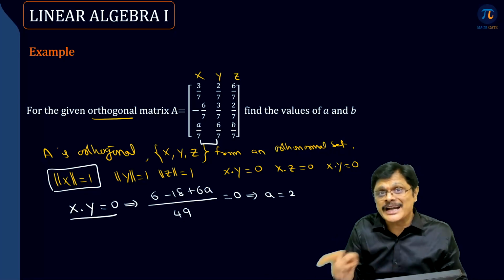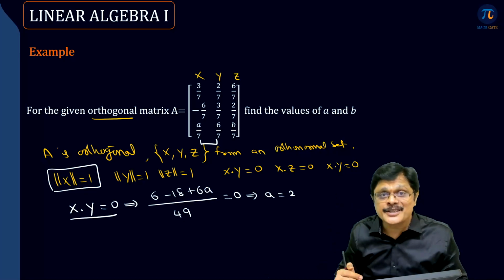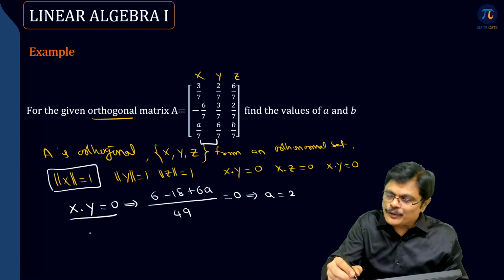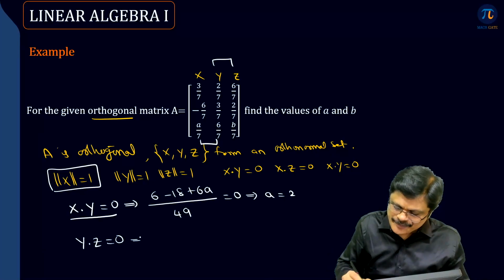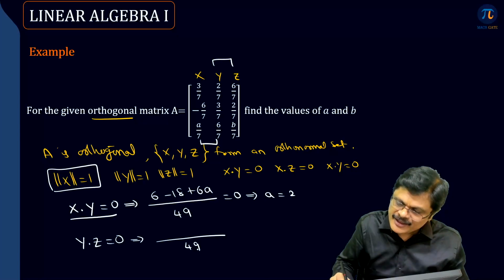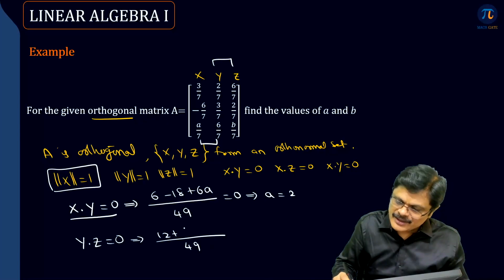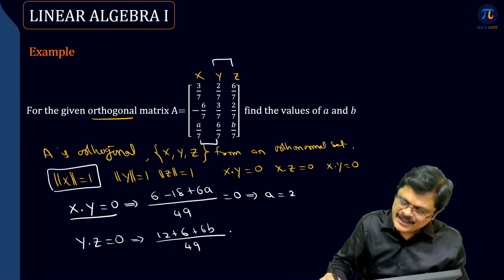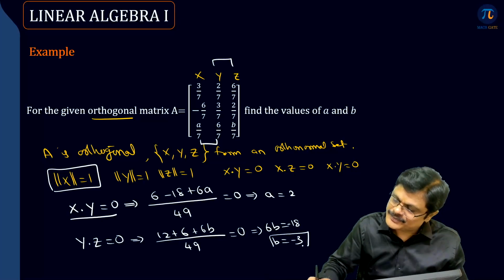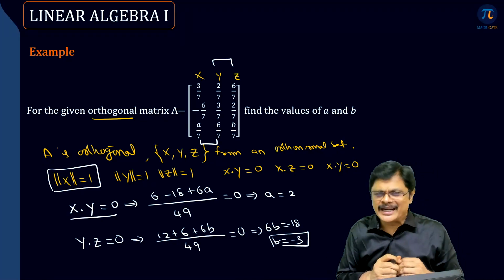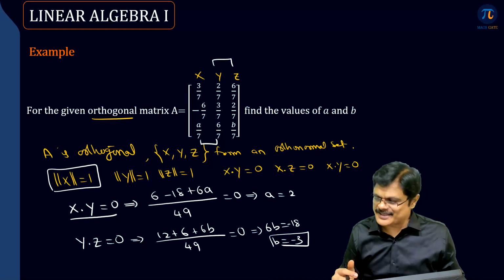But plus 2 satisfies both the conditions, so we take a equal to 2. Similarly, y dot z must be 0. The denominator is 49, the numerator is 12 plus 6b minus 18, and that should be equal to 0. So 6b is equal to 18 minus 12, so b is equal to 1. This is one of the important candidate questions for your examination.